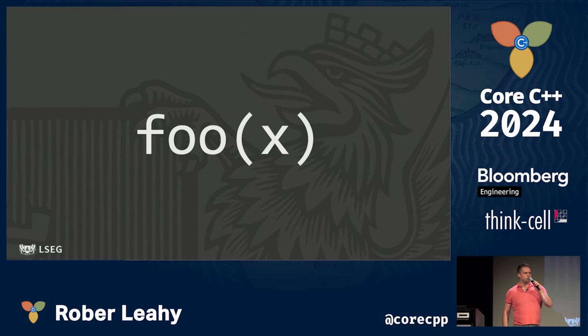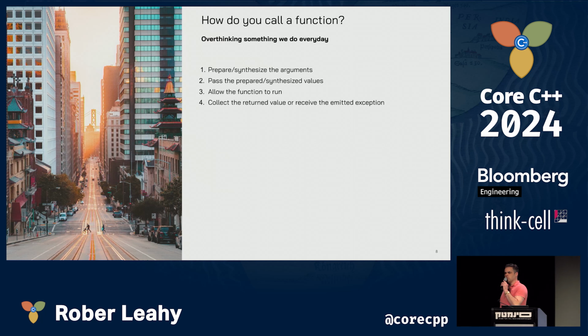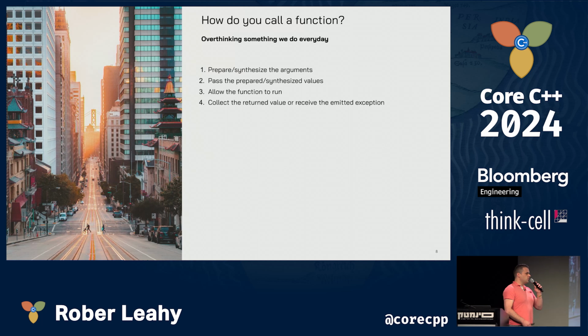And so if we think about this for a while, we can arrive at the following set of steps which constitute a function call. First, in order to write foo of x, we need to come up with an x, and so we need to prepare or synthesize some arguments. Thereafter, those arguments need to be brought into the context in which the function will run. A stack frame needs to be allocated, therefore.